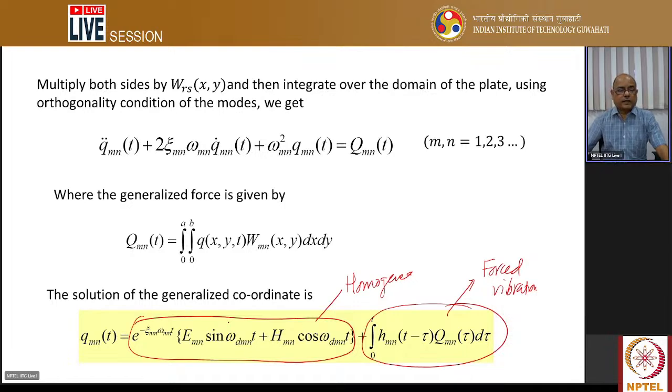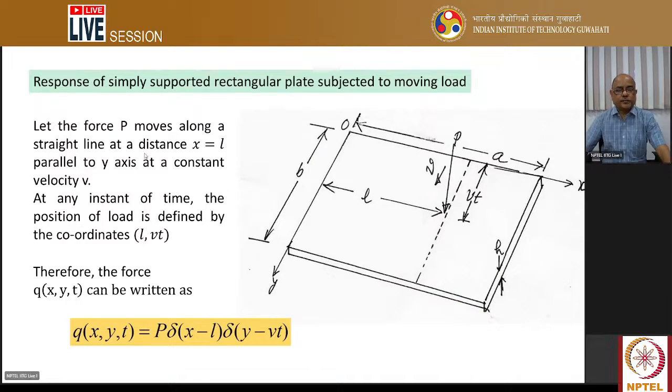So we get it like that. Then the problem with the moving load was discussed. Another problem with the harmonic force was also discussed.